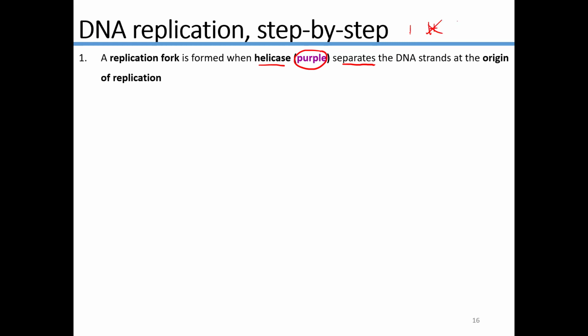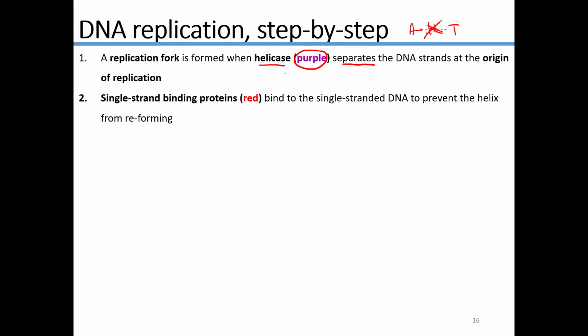So if we had, let's say, an A and a T here, connected by the hydrogen bond, we have that broken apart, and it's going to open up. So what's going to happen is a single strand binding protein, which was shown in red, binds to the single strand DNA to prevent the helix from reforming. Because again, we don't want those to come back together.